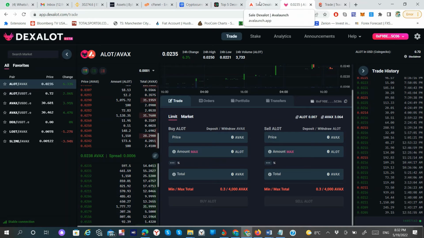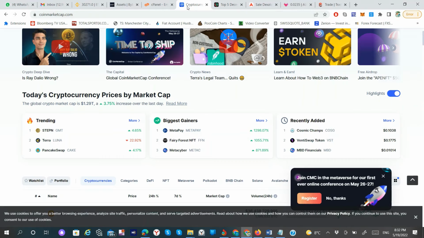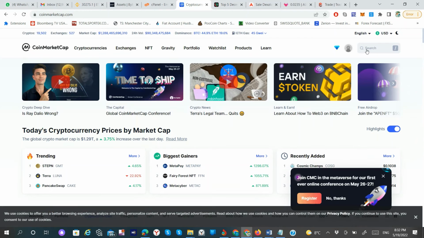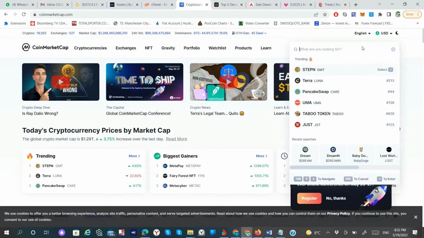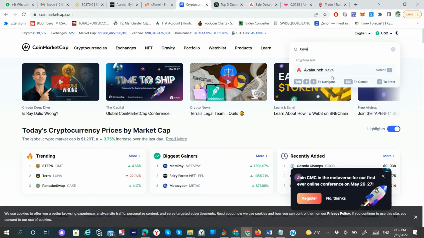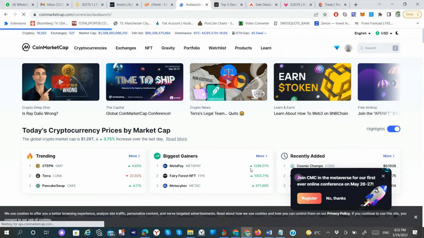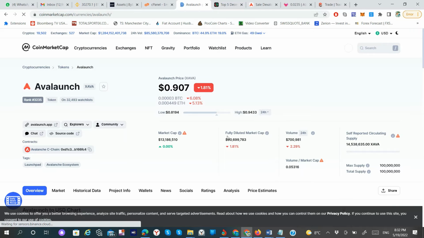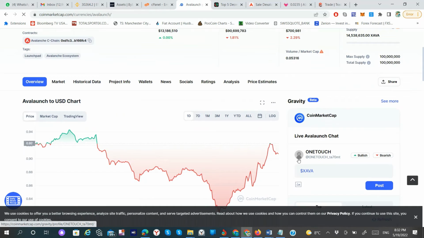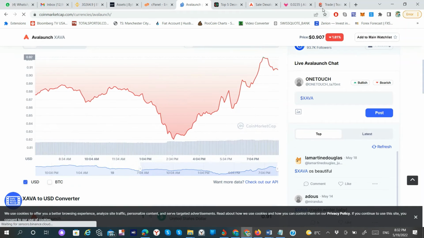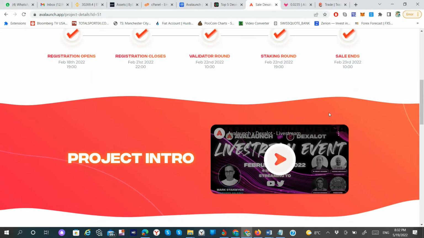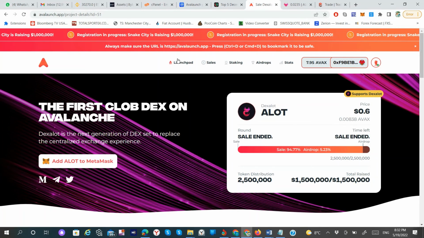So this is Avalaunch, and for you to participate, you need to come here and check the price of Hava. You can stake Hava. The price is down now. So when you buy some quantity here, you go and stake it into Avalaunch.